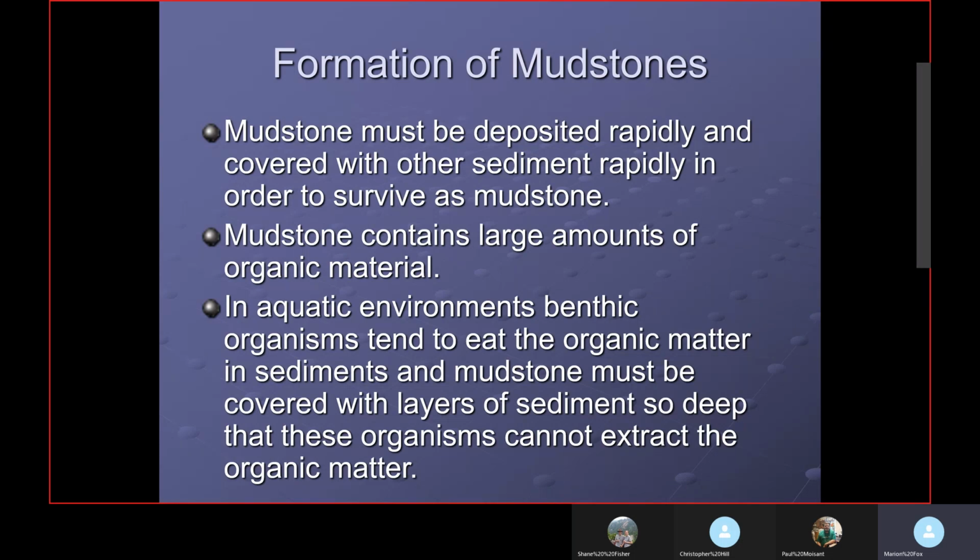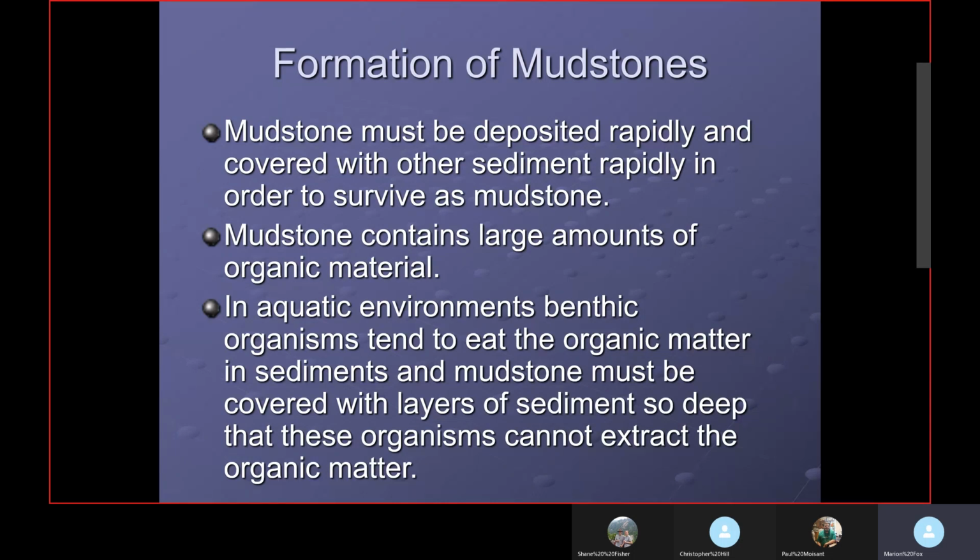Mudstone must be covered with layers of sediment so deep that these organisms cannot extract the organic matter. In other words, if it's not covered quickly, then the organisms that bore into and eat this organic matter and feed on it would have gotten most of it, depleted all of it.